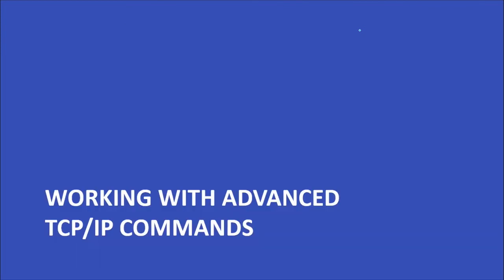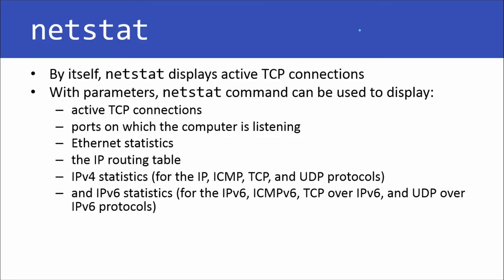All right, so we talked about some of those basic commands. Let's talk about some of the advanced commands now and get into the nitty-gritty. First off is netstat, okay? Netstat's going to display active TCP connections, so any connections that are currently active between your computer and another computer using the TCP protocol, right?